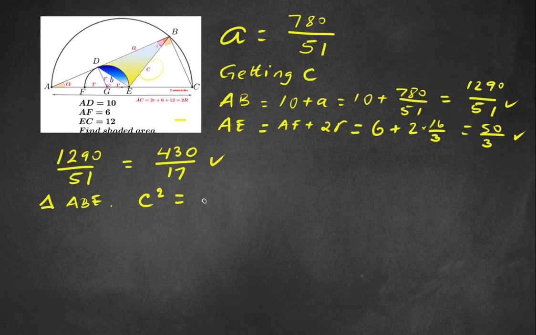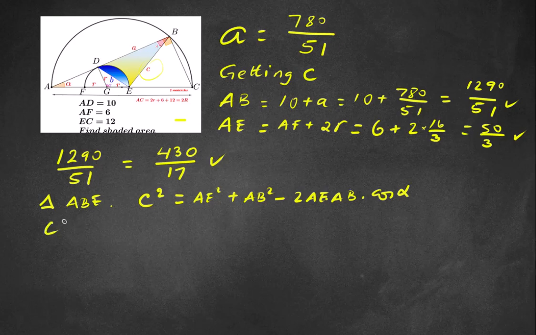C squared is equal to AB squared plus AE squared minus 2 times AB times AE times cosine alpha. All right. So far so good. So we are in good shape to find the value of C here because we have everything we need. So just plug in these values.